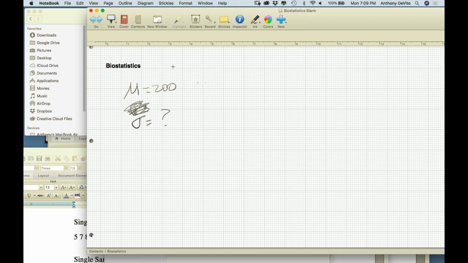Okay, and I take a sample from a second population. Population 1, this is population 2. Take a sample from that second population. X bar is equal to 195.